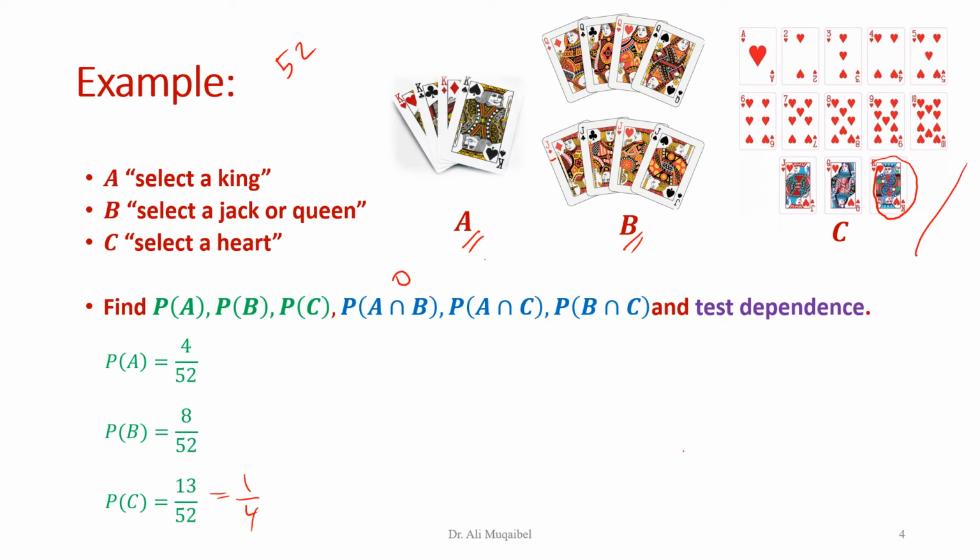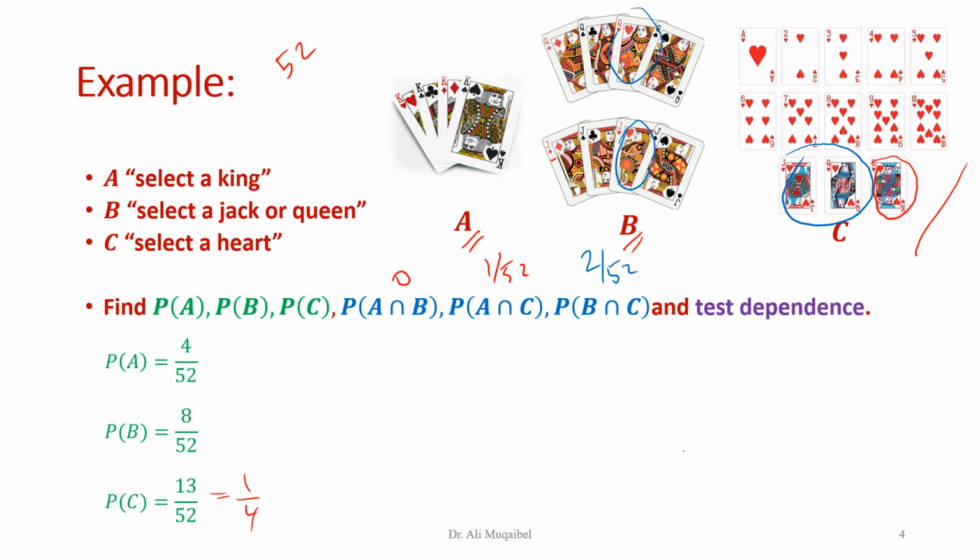So we get 1 over 52. And then probability of intersection between B and C. So I think here it's clearly we have 2 possibilities, these 2 here. So this is going to be 2 out of 52.